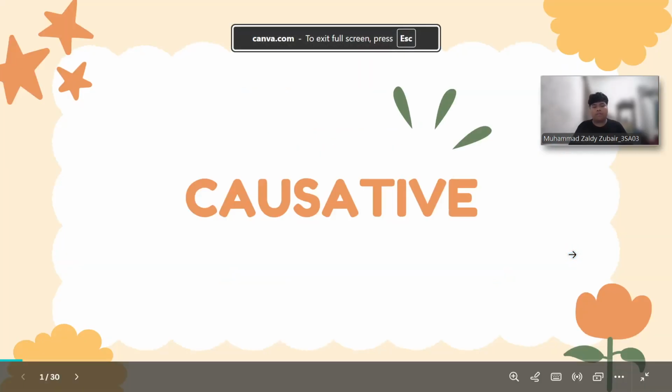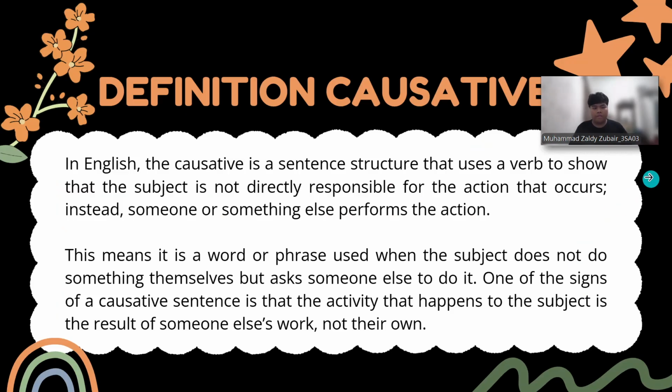So, causative. Definition of causative: in English, the causative is a sentence structure that uses a verb to show that the subject is not directly responsible for the action that occurred. Instead, someone or something else performed the action.